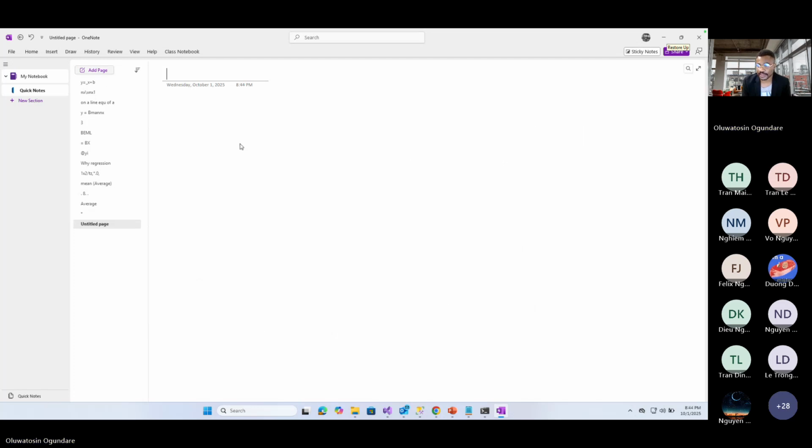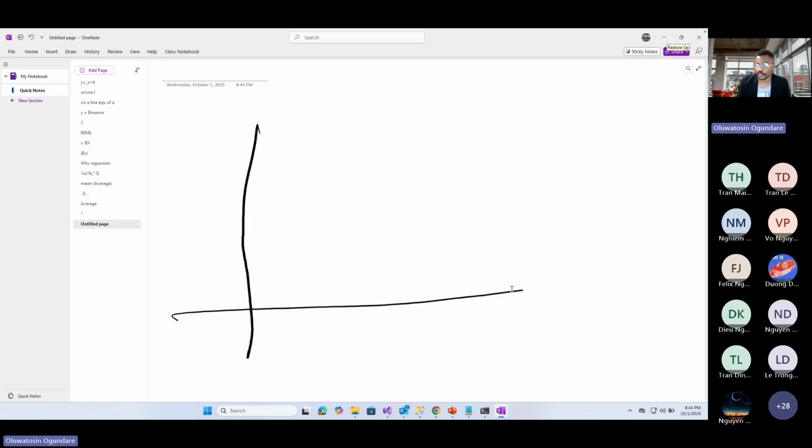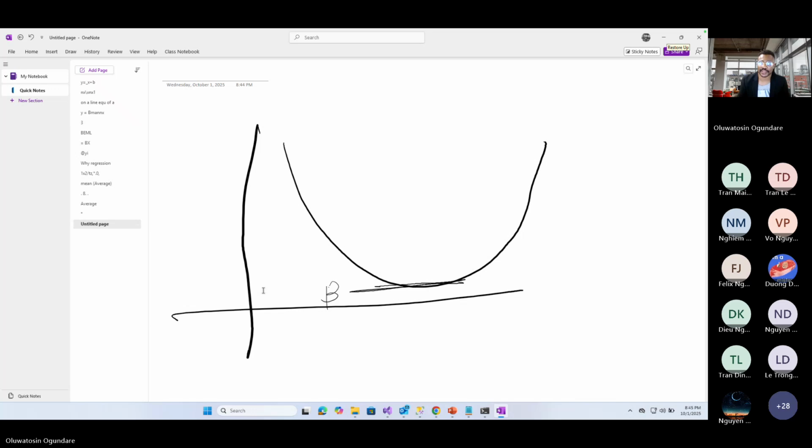For those of you who don't understand, since it's a squared error, it will be a quadratic function, and a quadratic function looks like a U. You're looking for the value of beta at the minimum of this squared error, y minus y hat squared, summed over all the realizations, y_i and y hat of i.